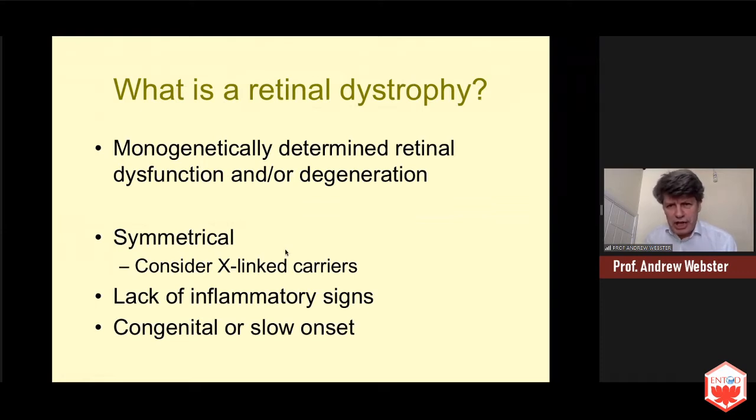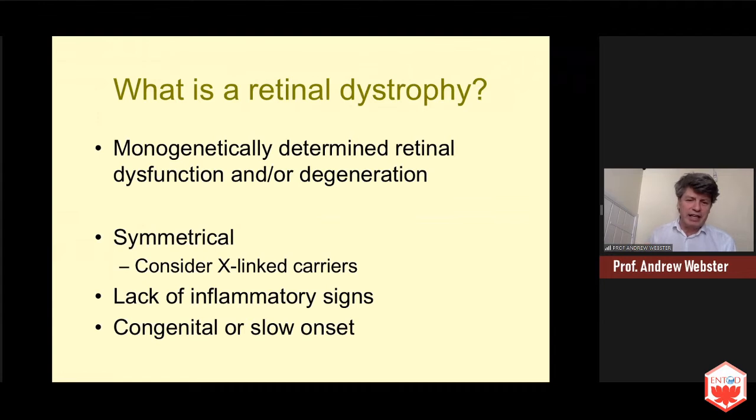These disorders, retinal dystrophies, are symmetrical, although female carriers of X-linked forms of disorders are different. They're not symmetrical. That's an exception. They usually lack inflammatory signs. Inflammatory disorders can mimic retinal dystrophies. We call those phenocopies rather than misdiagnoses. It's a nicer term to use, phenocopy.